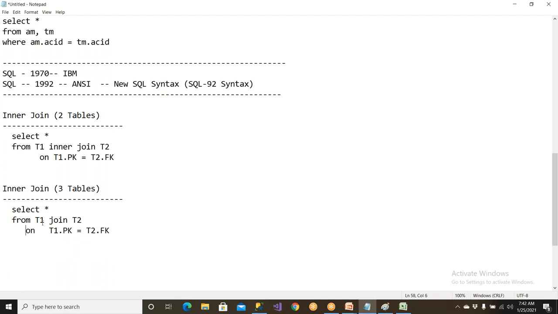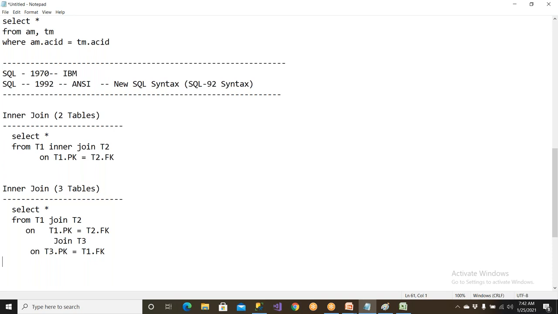So T1 join T2, then later you say join T3, then on T3 dot primary key is equivalent to T1 dot foreign key. This is how three tables can be joined.